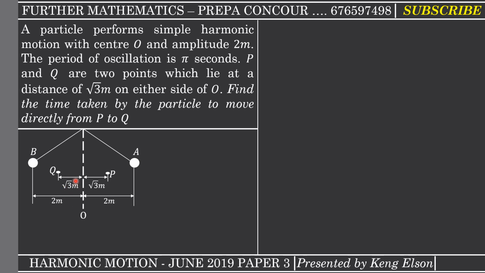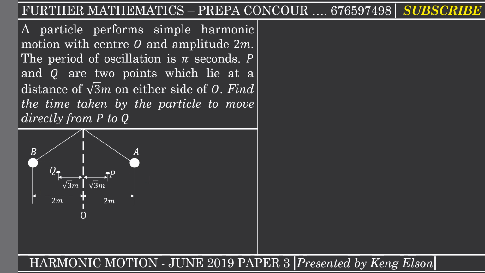So the distance between the point Q and the center is √3, and the distance between the point P and the center is √3. Now the displacement of the point P from the center is positive, while the displacement of the point Q from the center is negative because Q is to the left of the center, assuming that all displacements to the right are positive while to the left are negative.